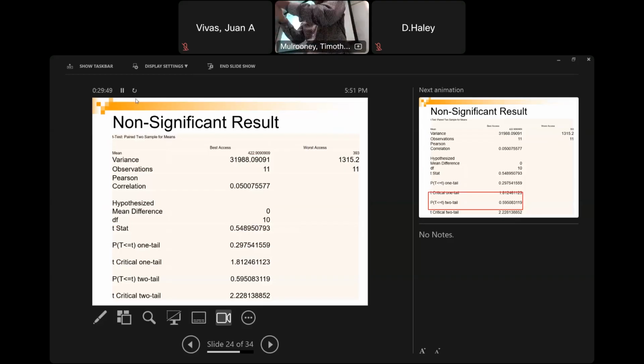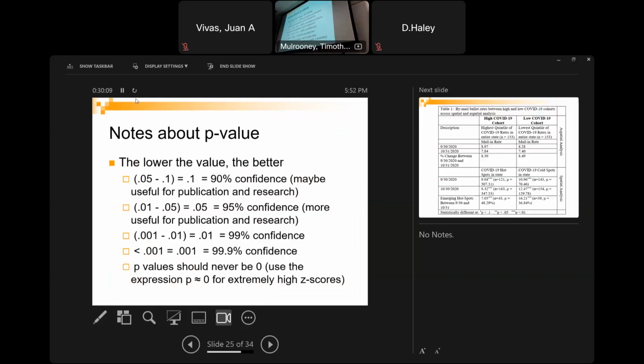Now, I know 422 is more than 393, so I can say on average they spend more on fruits and vegetables than in your worst access, using the descriptive statistic. But when I run it through my two-tailed t-test, I cannot say they're different.